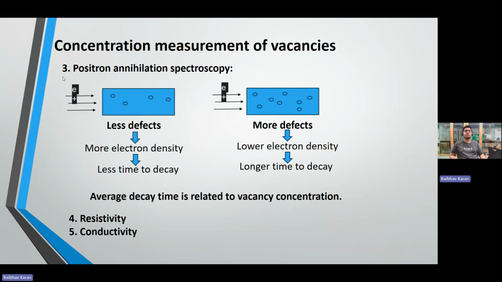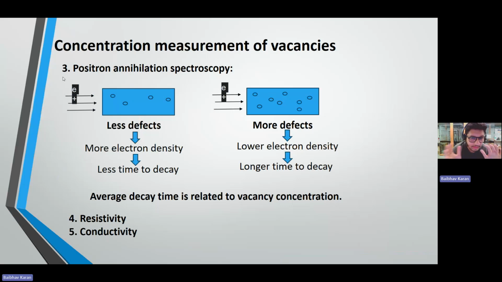Then there is another method known as positron annihilation spectroscopy, in which positron particles are used. What are positron particles? These are electron-like particles, but with a positive charge. We generally know that electrons have a negative charge, but positrons have a positive charge. And these are bombarded onto elements.